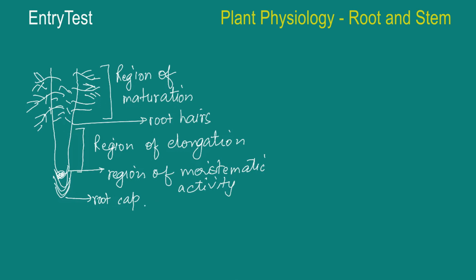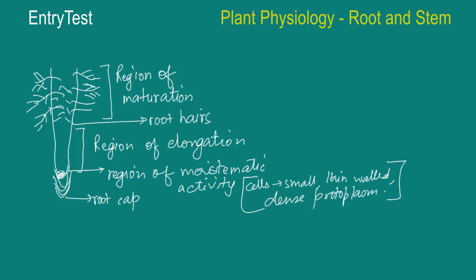The cells of this region are really small. They are thin-walled and have dense protoplasm. So cells are small, thin-walled, and they have dense protoplasm in this region of meristematic activity.